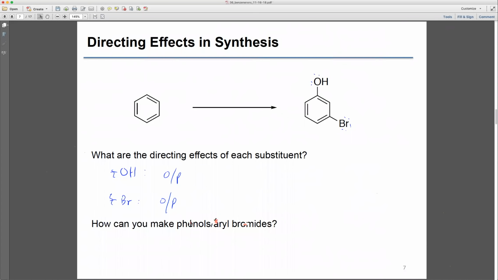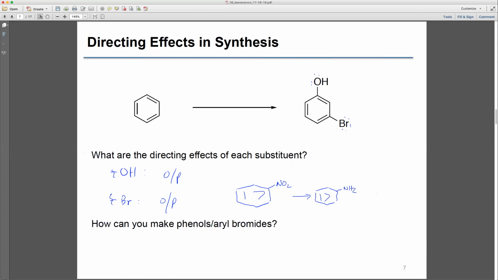So phenols can be made from nitrobenzene. And if we reduce the nitro group to an amine, which I showed you can be done with tin, an acid, followed by NaOH.